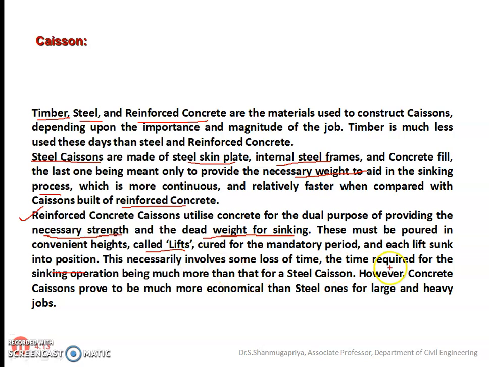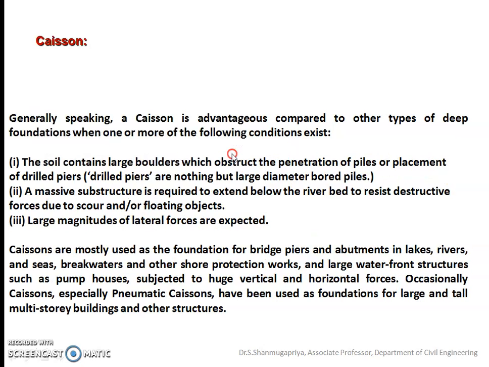Compared to steel caissons, the time required for the sinking operation is much more. However, concrete caissons are more economical than steel ones, especially for large or heavy jobs. So these are the three different materials used in the construction of caissons.